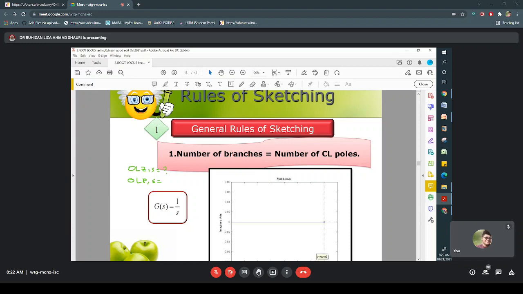When you get the open loop transfer function of a system, first of all, you have to identify whether there are any open loop zeros, and what the open loop poles are. In this case, do you have any open loop zeros for G(s)?